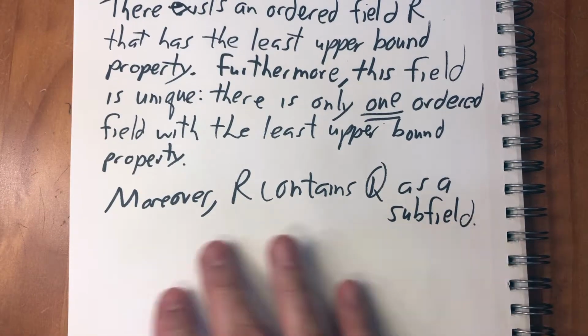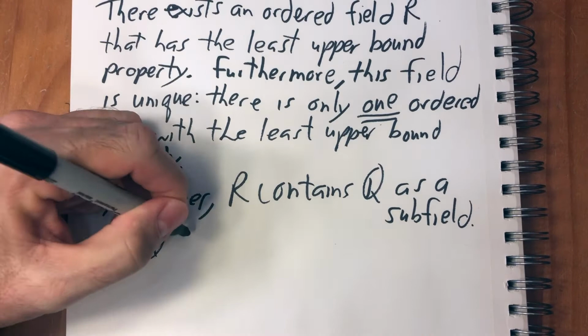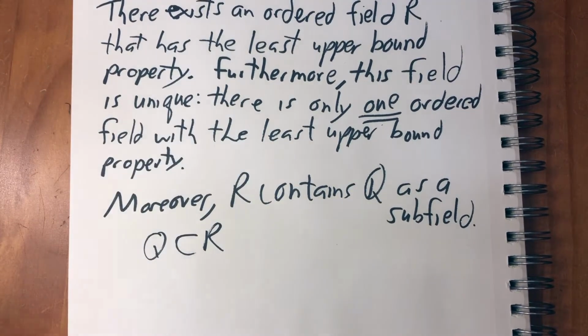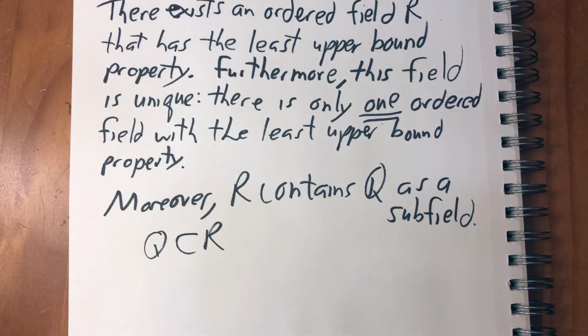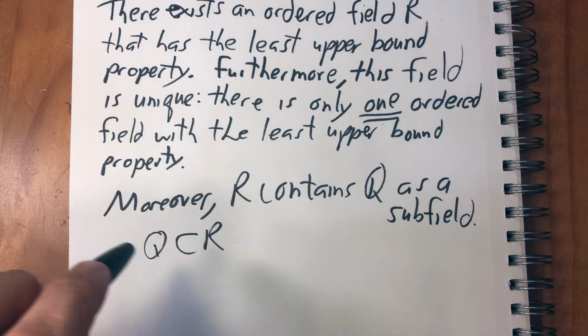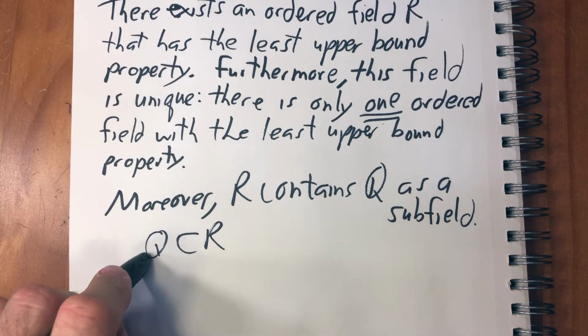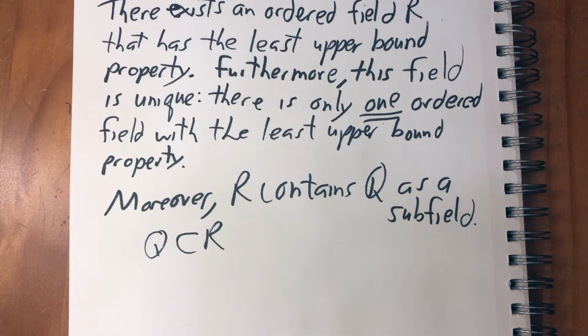So this second statement means that Q is a subfield of R. Q is a subset of R, and the operations of addition and multiplication in R, when they're applied to Q, coincide with the same operations for rational numbers. So the rational numbers are inside the real numbers. And also the positive rational numbers are positive elements of R.